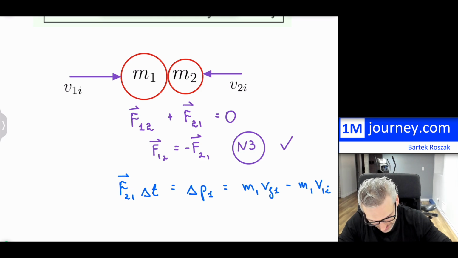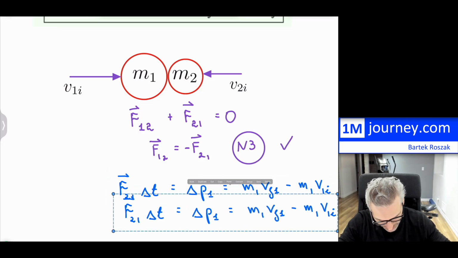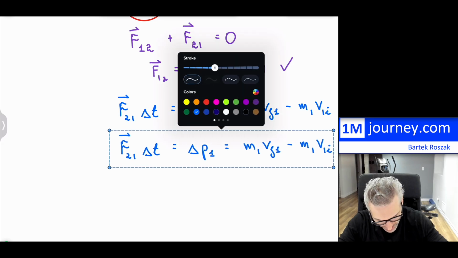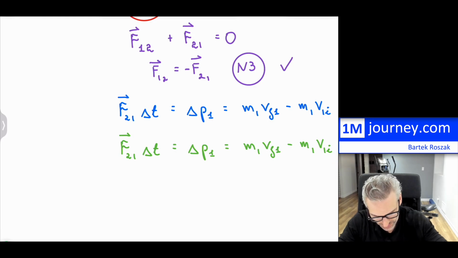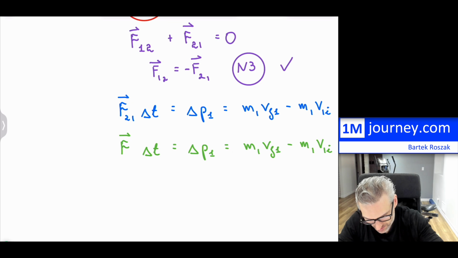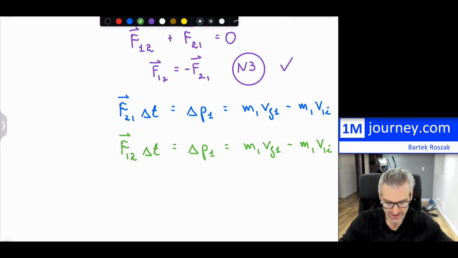Now, I can take the same thing, so I'm going to borrow this so I don't have to rewrite it again. And if I duplicate this right here, I will change the color so that it pops out for us, and there's a distinguishing feature. Now, if you were doing the actual impulse change for mass number 2, then instead of the force from 2 on 1, this would have been simply the force coming from 1 on 2, right there.